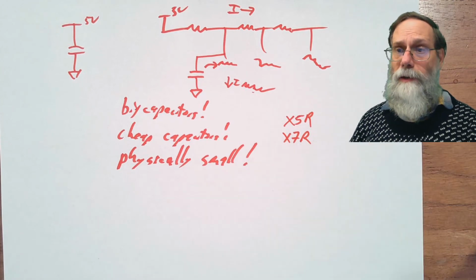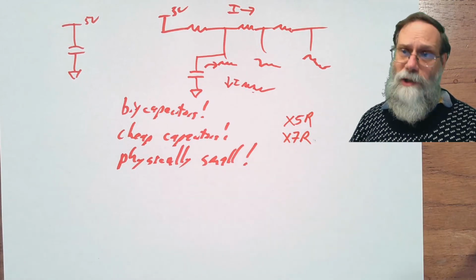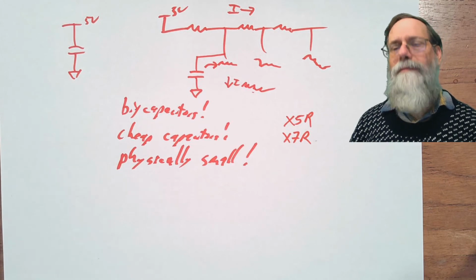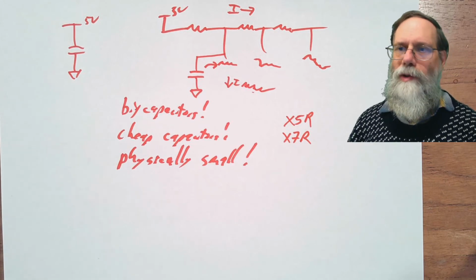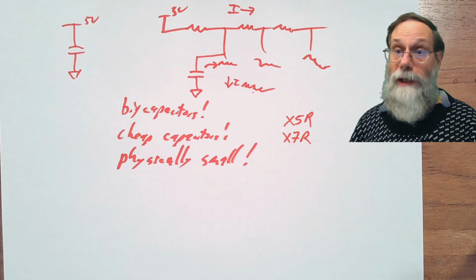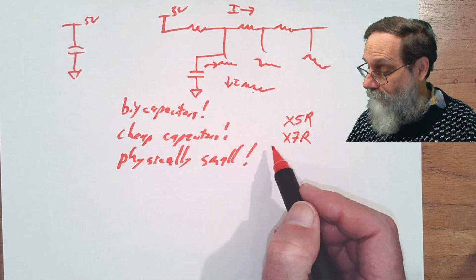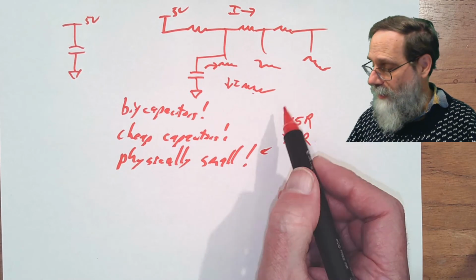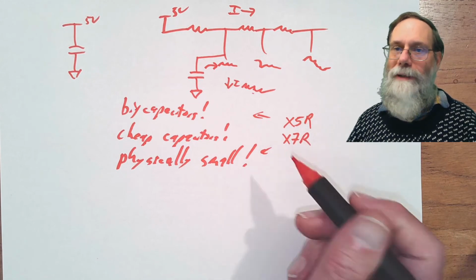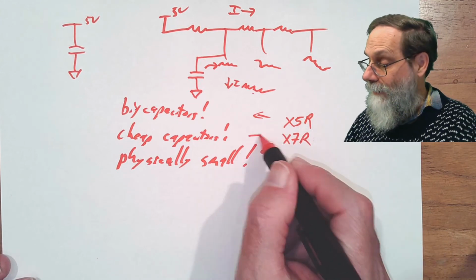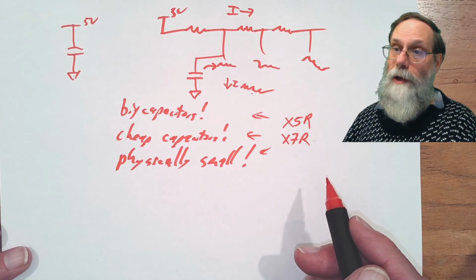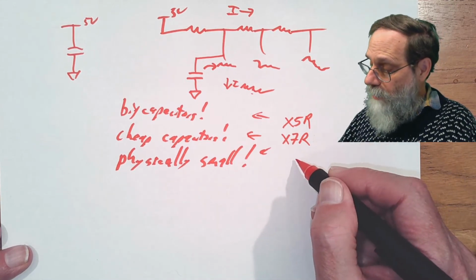Those are high dielectric constant, but not the really cheap ones that vary enormously with temperature, but a decent sort of dielectric, with a very high dielectric constant, so that you can get a physically small capacitor, which is not all that big a capacitance, but big relative to the size. And they're cheap.